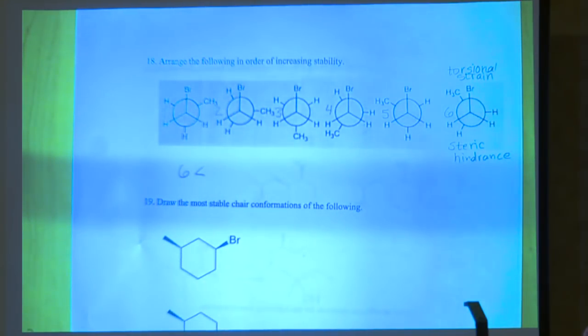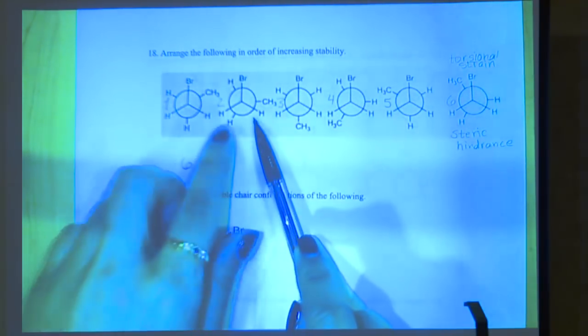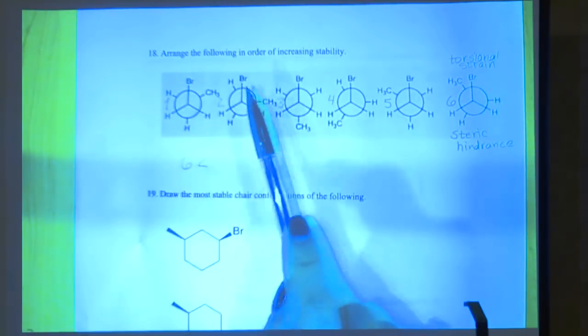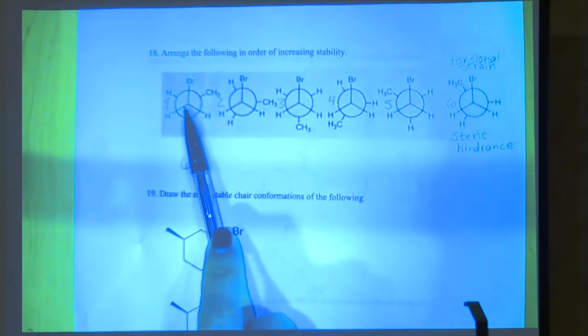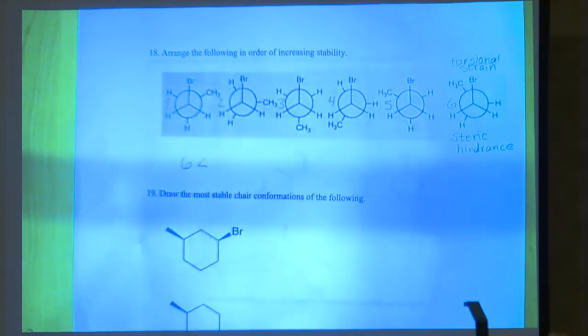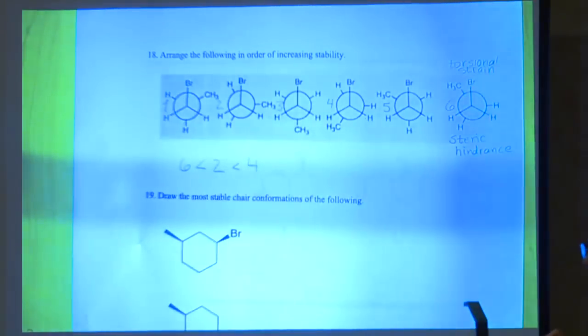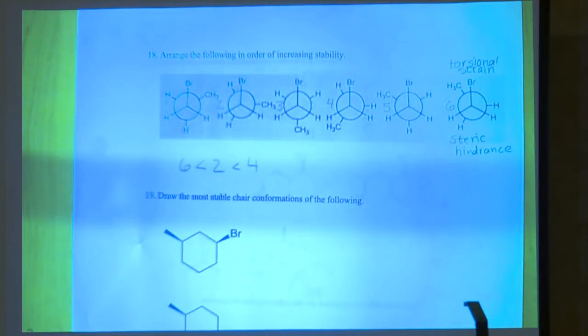Remember, eclipsed means they're actually on top of each other. It's just shown like that so you can see it. So this is here, but if you were to rotate it to make it staggered, this would be the same as number 1. Good. Do you guys see that? Did that make sense? Yeah.